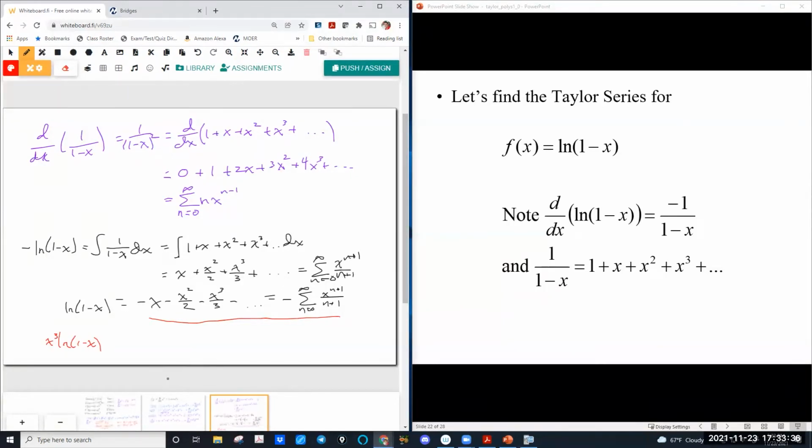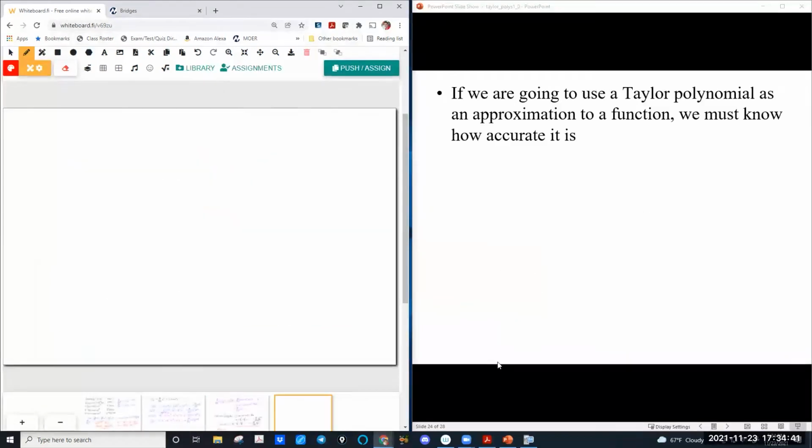Cosine of x is a basic one, sine of x is a basic one, e to the x is a basic one, 1 over 1 minus x is a basic one. There are some basic Taylor polynomial expansions that are easy to find and we use often. Those are the ones we look to use to see if we can find Taylor expansions for some of these more complicated ones.